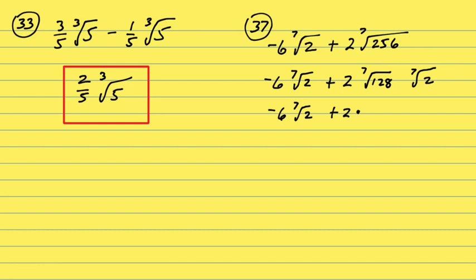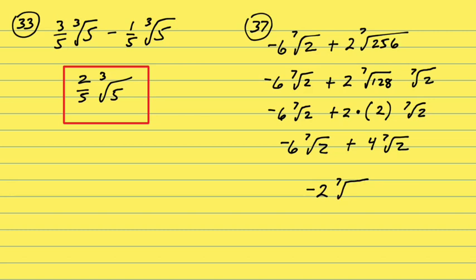Well, it's 128. So the 7th root of 128 is 2. So you have -6 7th roots of 2 plus 4 7th roots of 2, because 2 times 2 is 4. -6 apples plus 4 apples is -2 apples. So you'd have -2 7th roots of 2.